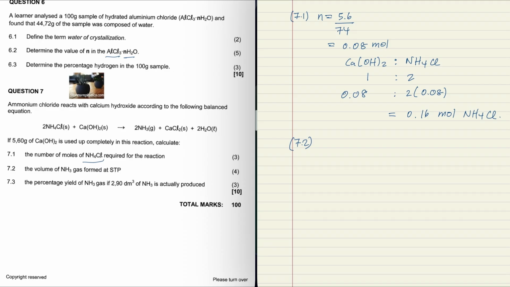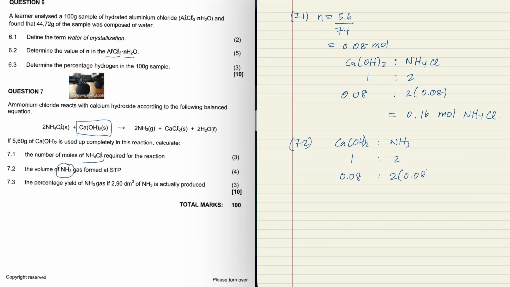So to solve question 7.2, what we're going to do is first figure out the number of moles of NH3. Now we know the number of moles of calcium hydroxide, so let's use a mole ratio. So calcium hydroxide to NH3 from the reaction is 1 to 2. So if I have 0.08 moles, the NH3 is going to be double that.